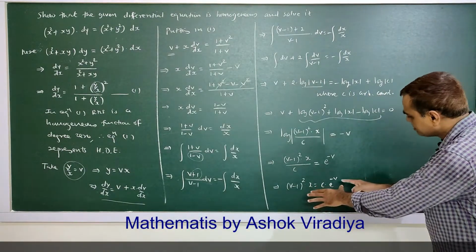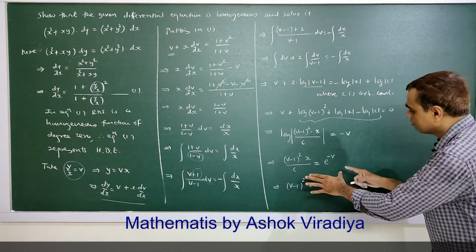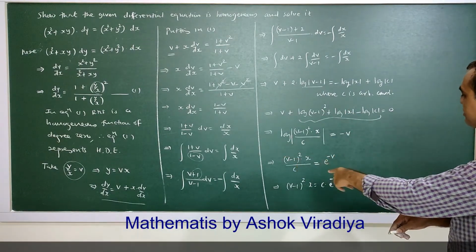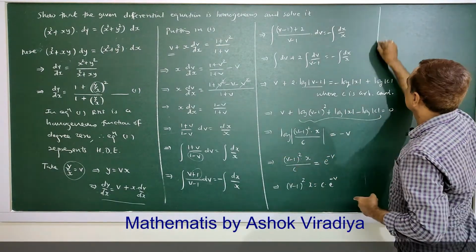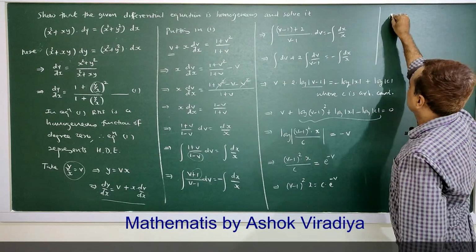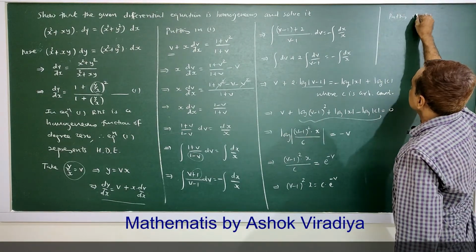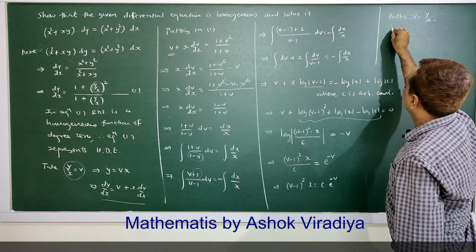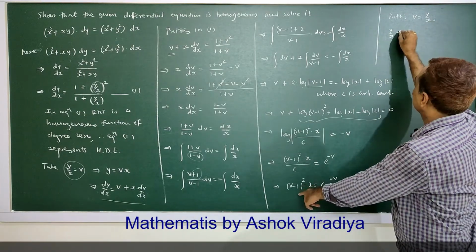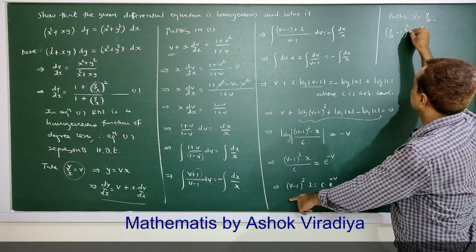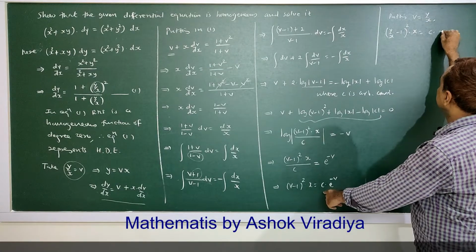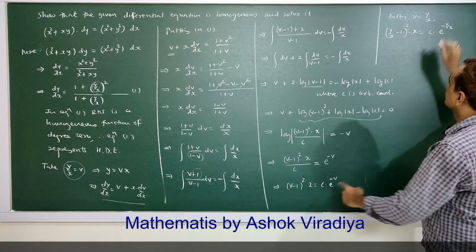After getting the simplest form, we replace v by y by x. So putting y by x here, we get (y by x minus 1) whole square into x equal to c into e raised to minus y by x.